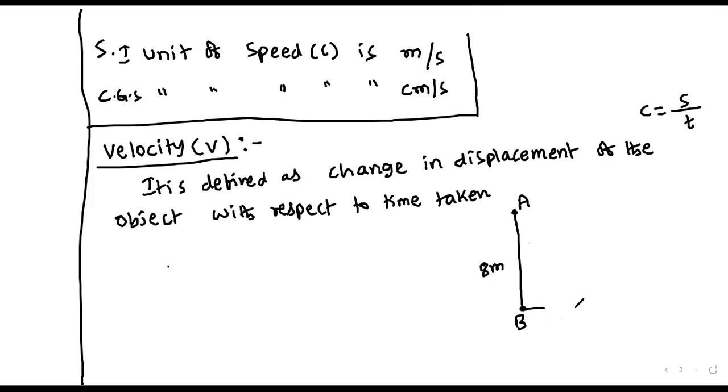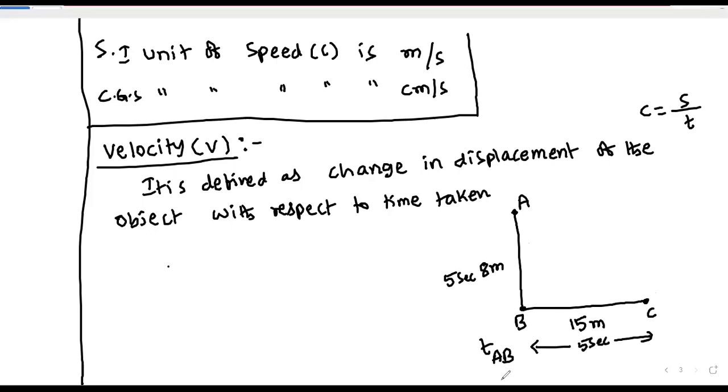After point B, the particle traveled a distance of 15 meters, in a total time of, suppose, 10 seconds. Time taken from A to B is 5 seconds, and this one is 5 seconds.